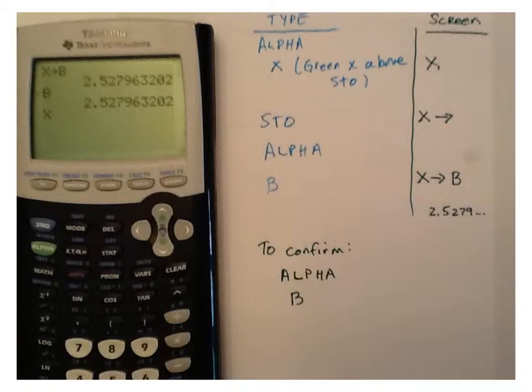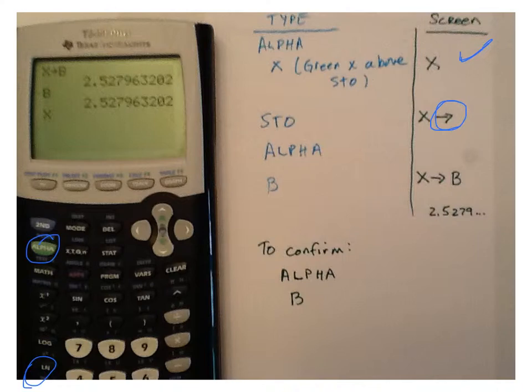To give you a little more of the visual again, I hit alpha and then went down to the store button, which you can't see on this screen, but it's in the left-hand corner of your calculator. So I got up the X, and your screen would at that point just show this X. Then you hit the store button again, and it creates this arrow.